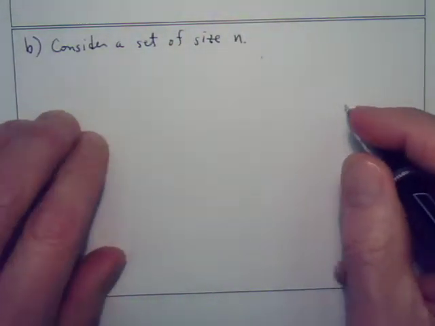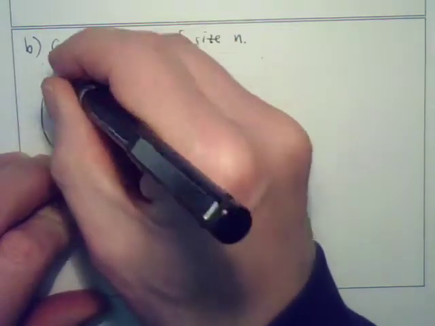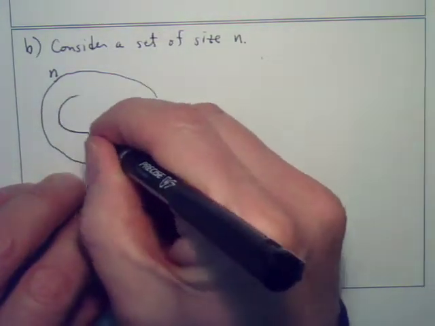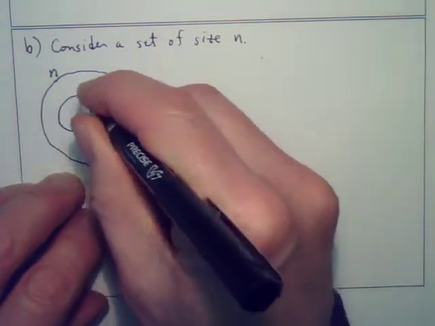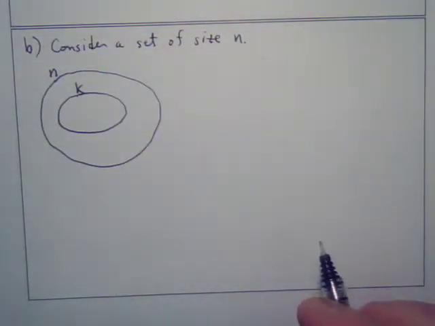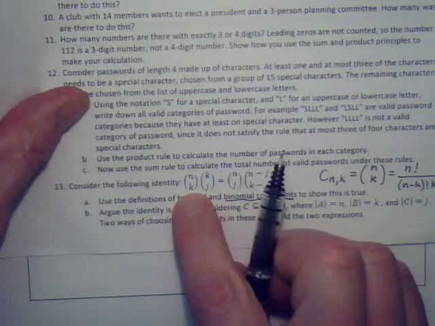First, I'll just draw a picture on this. We're going to choose a subset of size k out of that. Okay? And that's what n choose k gives us, the number of ways of doing that.